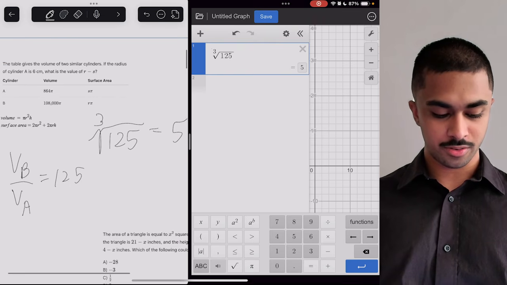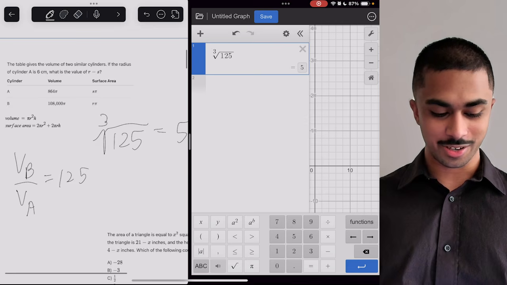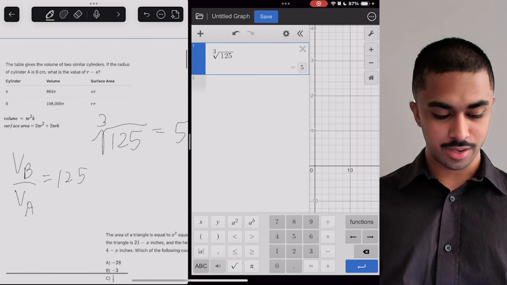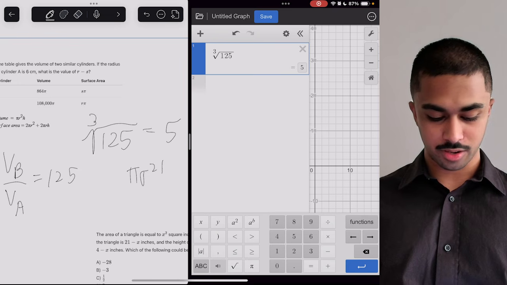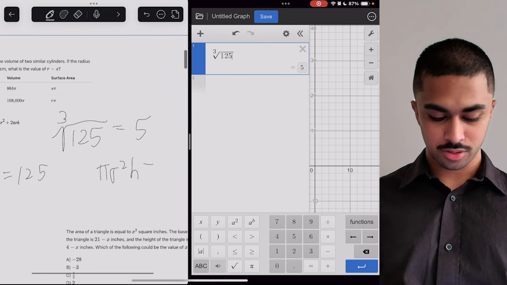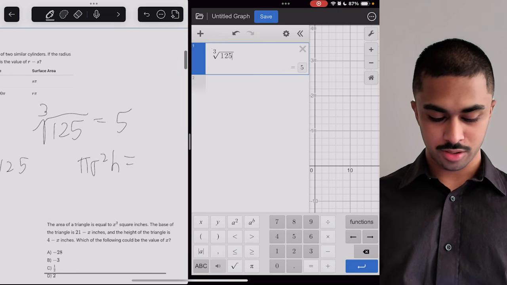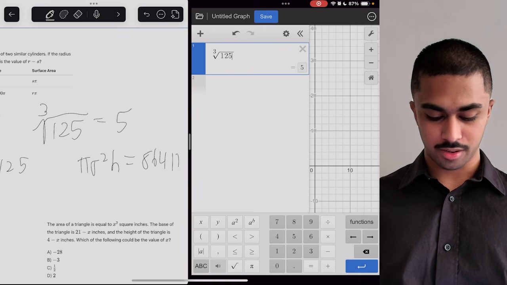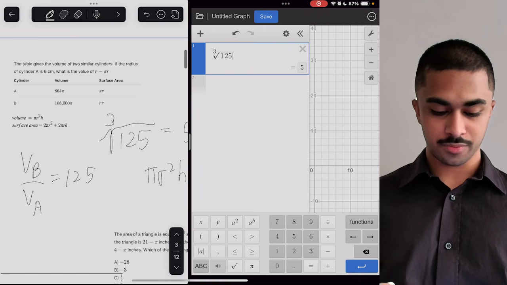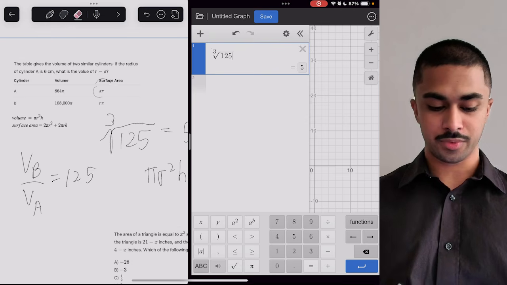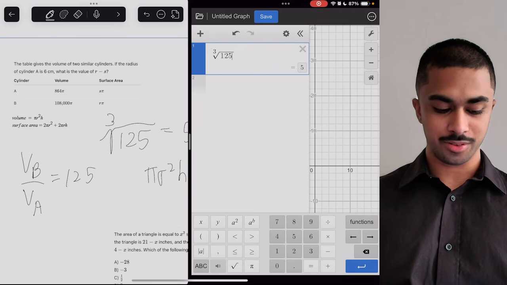From here, this is a tricky one. What we want to do is figure out pi r squared h equals 864 pi. The reason why we want to do all of this is because in order to find the surface area, we first need to find the height, because that's in the surface area formula.